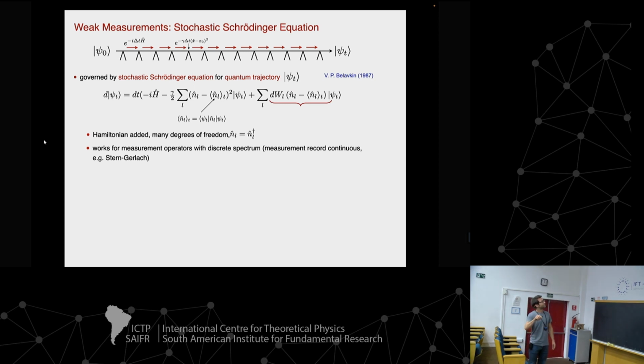Good. So what we then end up with is this object here. It's called a stochastic Schrödinger equation, and it involves what is also called quantum trajectories. So we look at the increment of the state on a small time window dt. And so what I've described in some detail is this piece here.